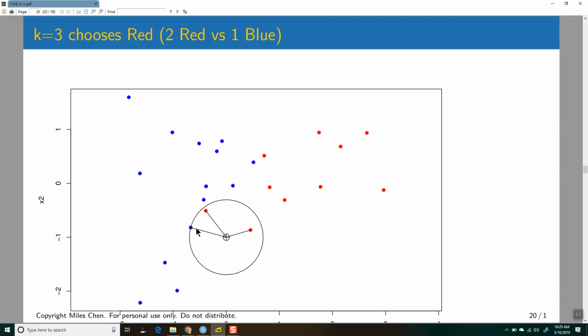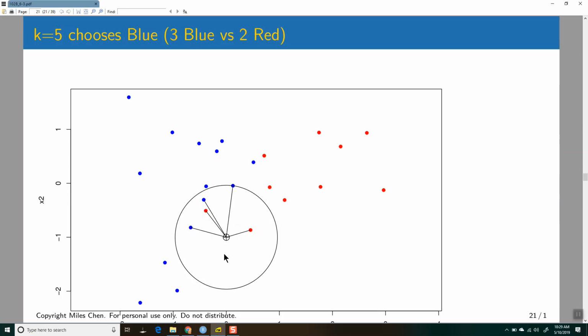So you pick the class with the highest representation among your k nearest neighbors. Among the 3 nearest neighbors, we've got 2 red, so we're going to choose red. At k equals 5, it would get classified as blue. At 5, the 5 nearest neighbors are these ones in this circle here, and we can see there's 3 blue and 2 red.